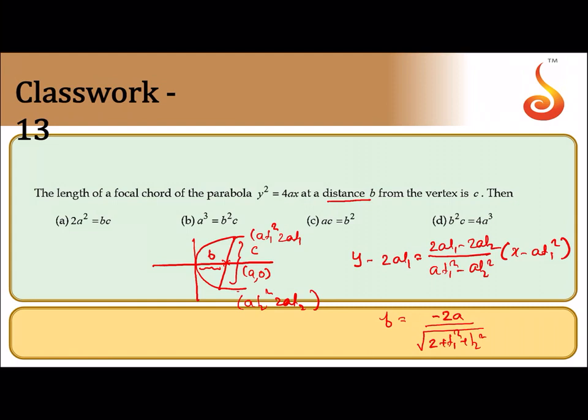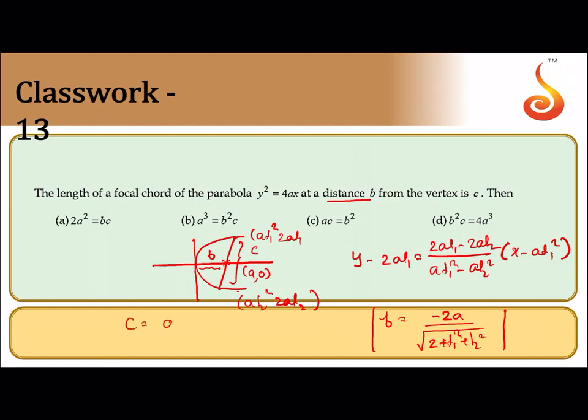Okay, b is given, the distance from the vertex, and the length is given as c. So by solving this, we get one relation in t1 and t2.